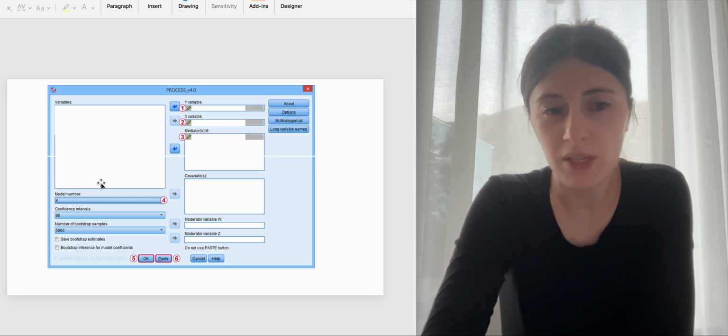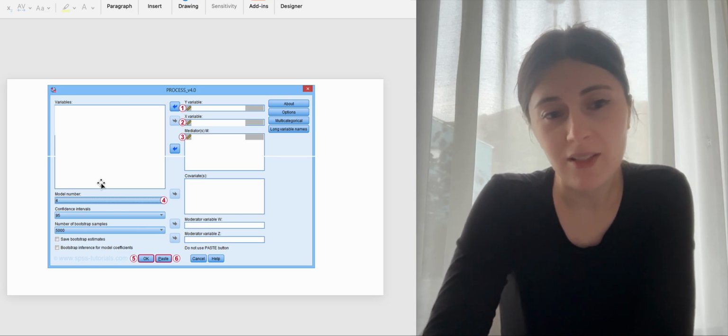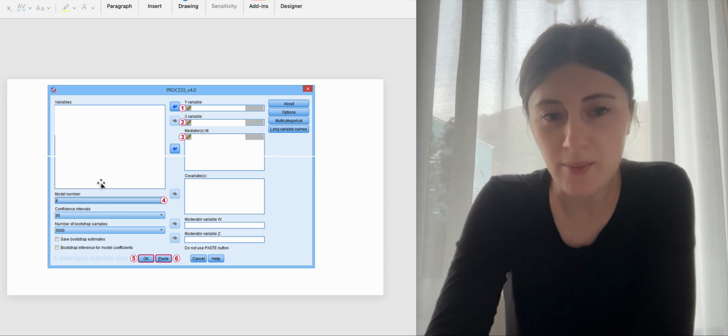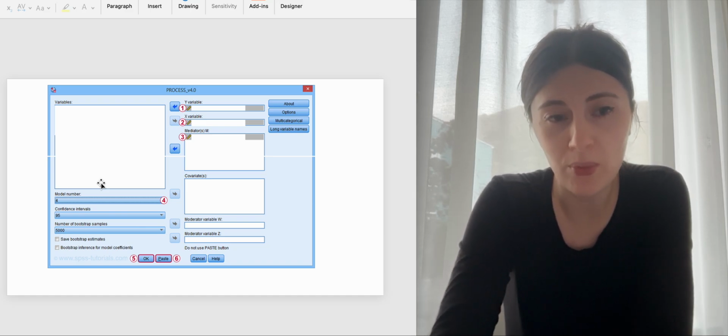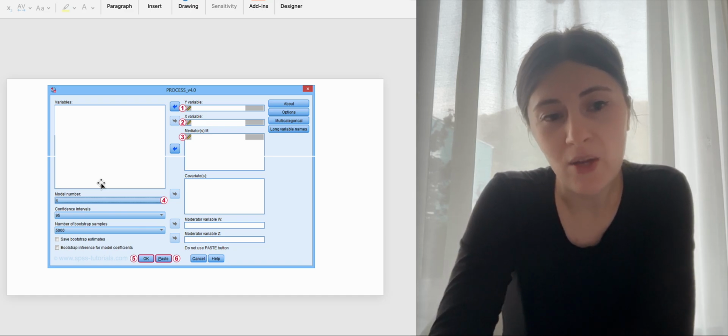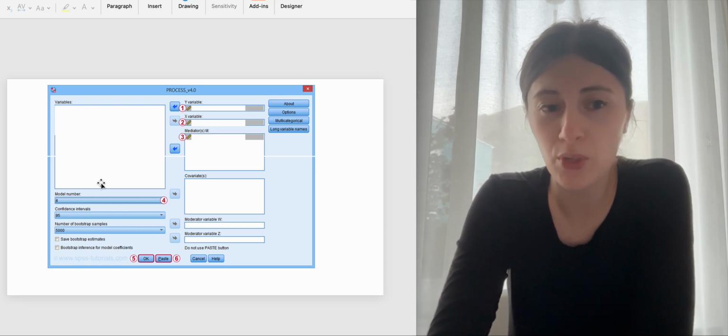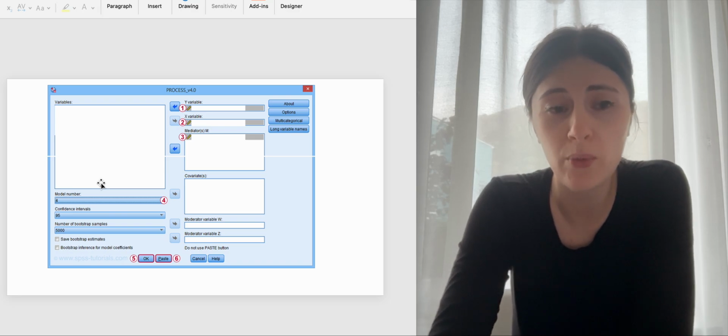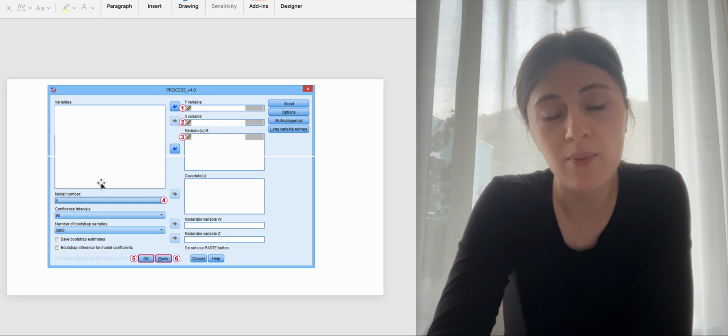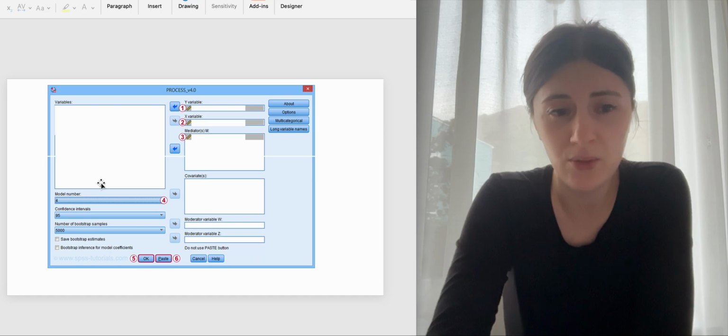What does it mean? What does it do? So bootstrapping creates 5,000 samples out of your original sample. It takes your original sample and creates 5,000 combinations of elements taken from your original sample. For example, if in your sample you have 5 elements, A, B, C, D, E, it will create 5,000 samples out of it.